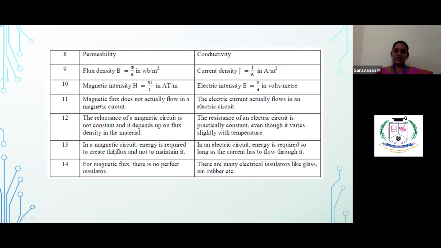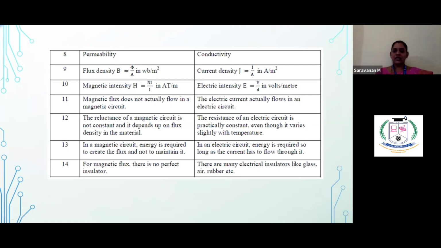Energy is required to create the flux, but in the electric circuit, energy is required so long as the current is flowing in the circuit. And for magnetic flux, we don't have any perfect insulators, but for the electric circuit, we have electrical insulators like glass, rubber, air, etc.